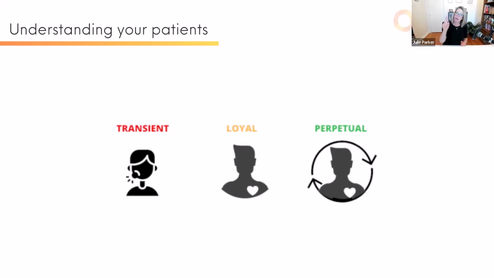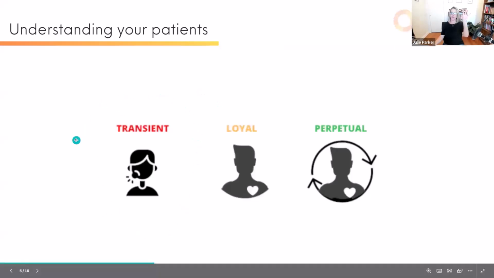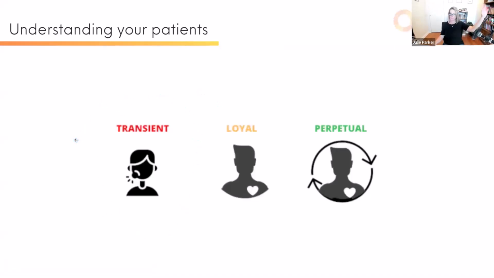The perpetuals are either already in your appointment book because they booked it 6 months before, or they just need one reminder and they're like, oh, got to get on top of that. That's important. And so keep these things in mind when you're constructing your recall strategy. Who are we appealing to? Straight away, just the one first reminder is going to satisfy our transients' duty of care, and also will satisfy our perpetuals.